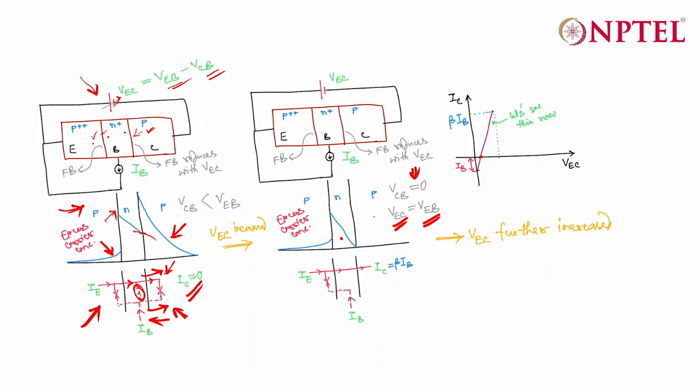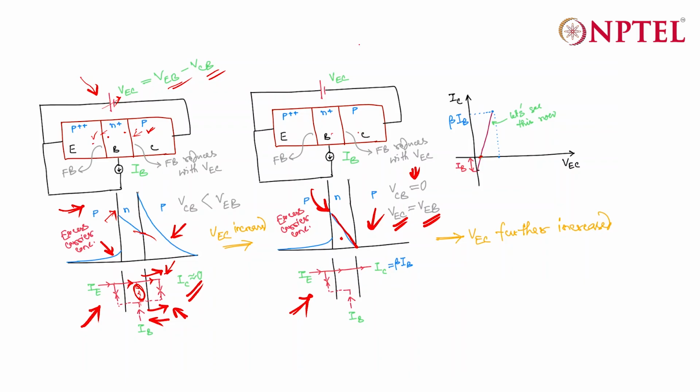And at that time, there will be no excess carrier in the collector region. We already have described the situation where your VCB is equal to 0 and your collector will not have any excess carriers, and the excess carrier concentration in the base region will look something like this, which is more or less linear, and the flow diagram will be something like this.